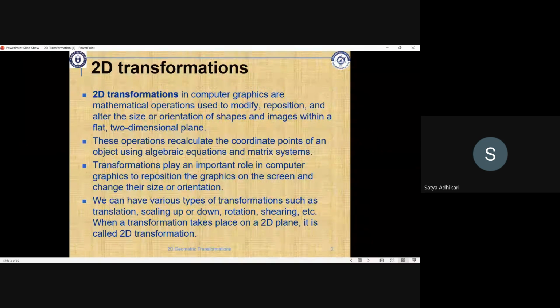MCS230 2D transformation. In the last class we had a discussion of 2D transformation. Why 2D transformation?